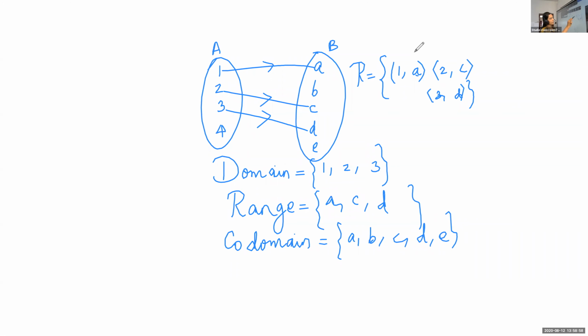A is the image of 1. Can you give the image of 2? C. Image of 3 is D. Second elements we call images. 1 is related to A, so A is the image of 1, C is the image of 2, D is the image of 3. Are the notations clear, children?